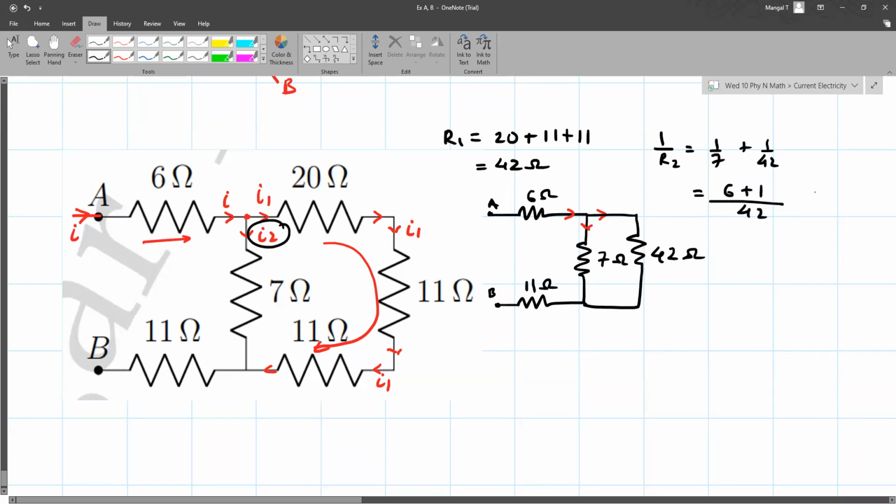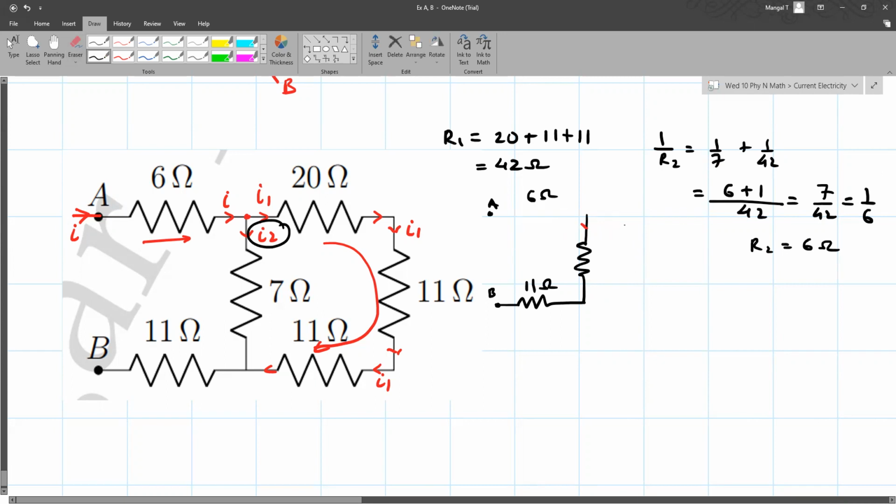So this is 6 plus 1, 7 by 42, that will be 1 by 6. So we get R2 as 6 ohms. Now what is R2? R2 is the effective of these two. So instead of having 7 and 42 in parallel to each other, we'll just have 6 ohms over here.